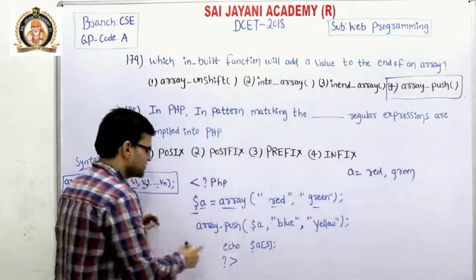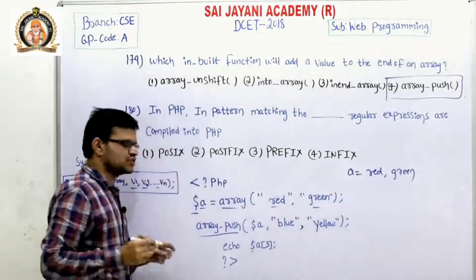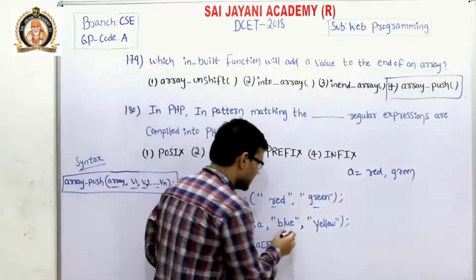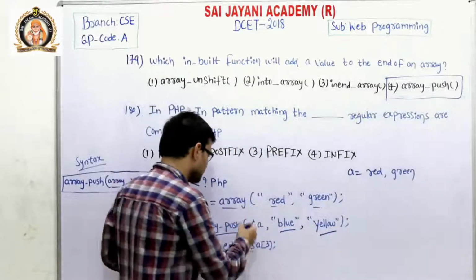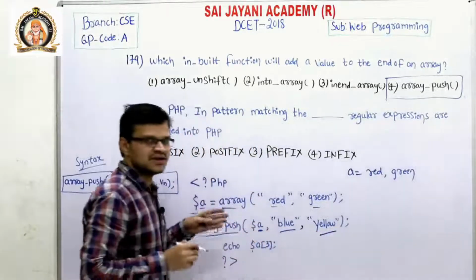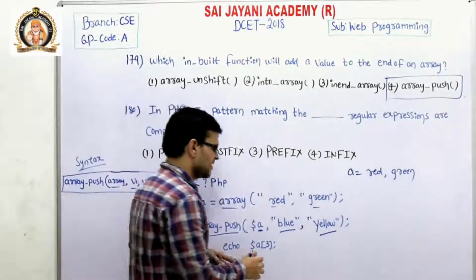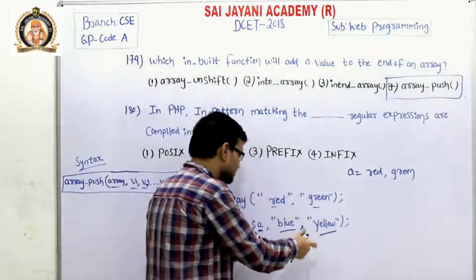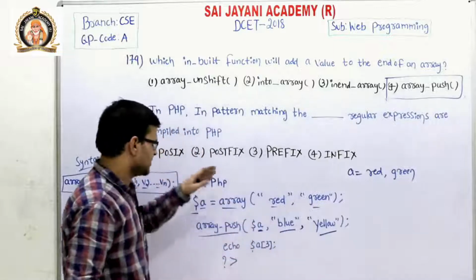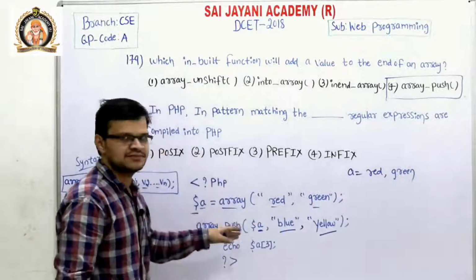By using this array push function, we are adding blue and yellow elements to the a variable array.